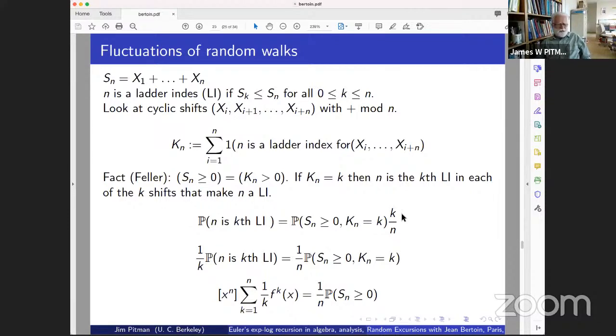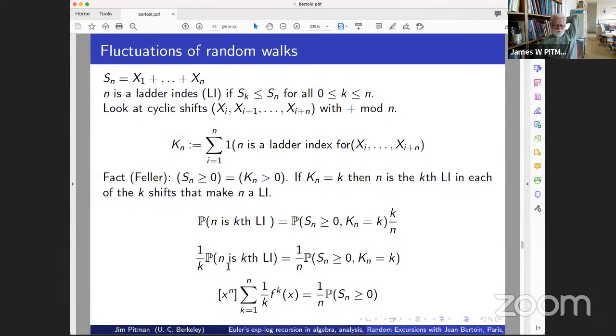I'm not going to go into that in detail. This is a well-known argument. I'm just sketching it or trying to describe to you how the magic factors of k over n come in. And you rearrange this identity and you see that 1 over k times the probability that n is the kth ladder index is 1 over n times the probability that Sn is non-negative, and this variable is k.